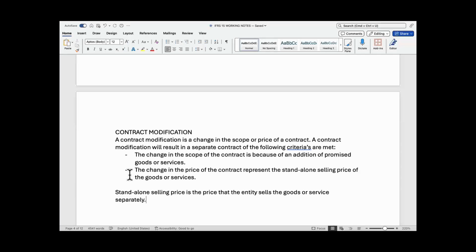So standalone selling price is the price that the entity sells the goods or services separately. That is ordinarily how much they would have sold it. The customer came and said he wants more goods, and you sell it to the customer. The price at which you're selling those additional goods is the price you would sell those goods normally, separately. So that means it represents the standalone selling price.